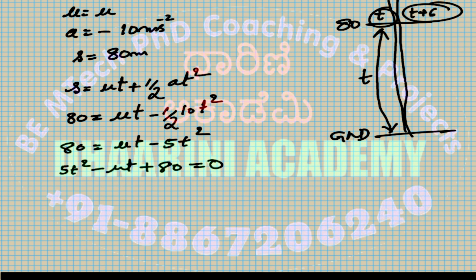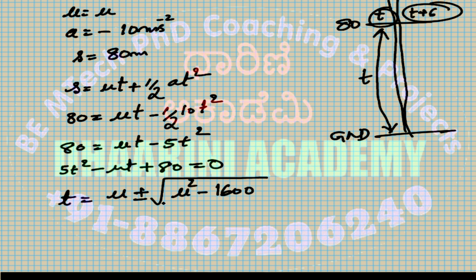Okay, so now let us solve for t, right? So t should be equal to, right, this is minus b, so minus of minus u is plus u, plus or minus root of b square is u square, right, minus 4 into 80 into 5, 1600.